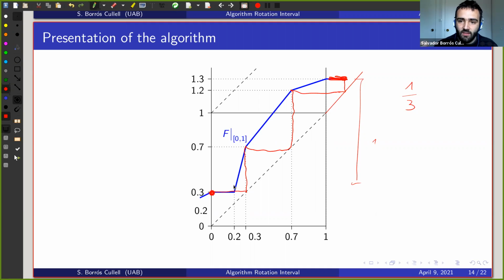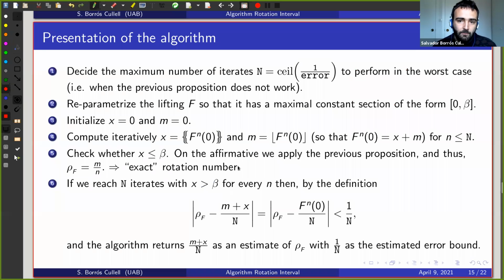So you have a big landing strip for a periodic point to fall into the constant section. Note, however, that you require that a periodic point is inside the constant section, and we will talk about this when we discuss the limitations of this algorithm.